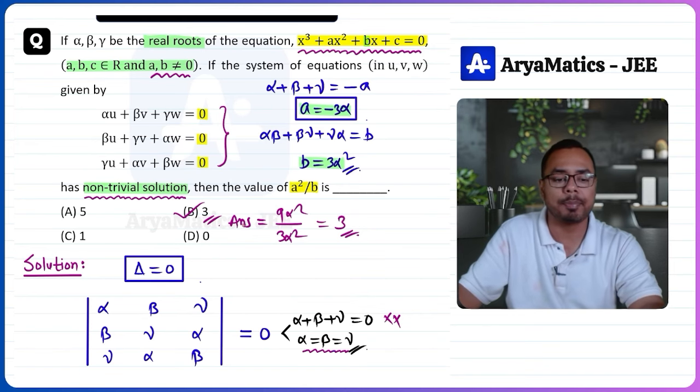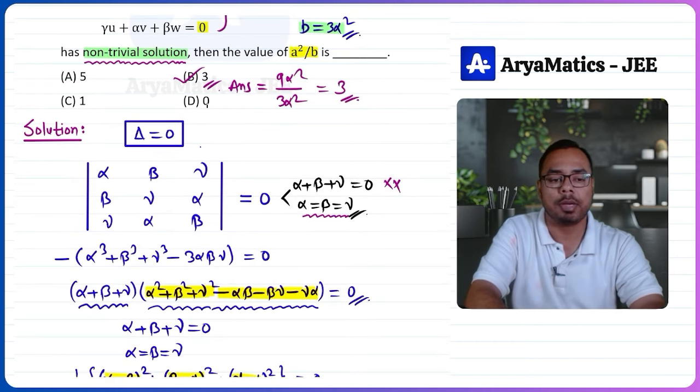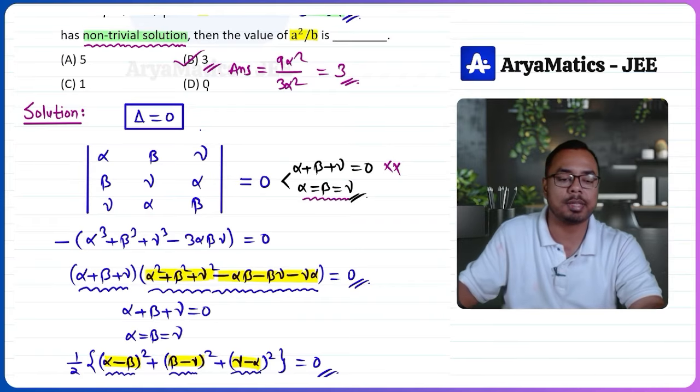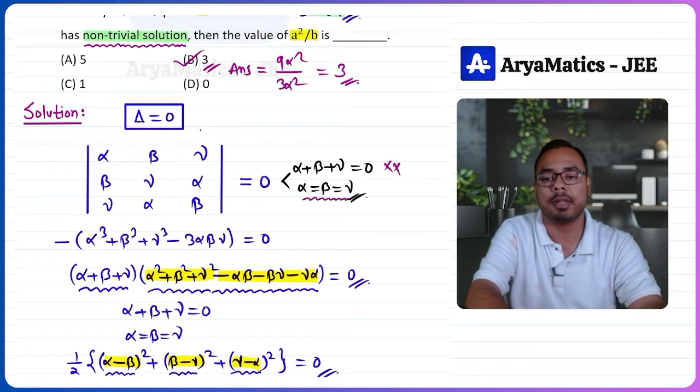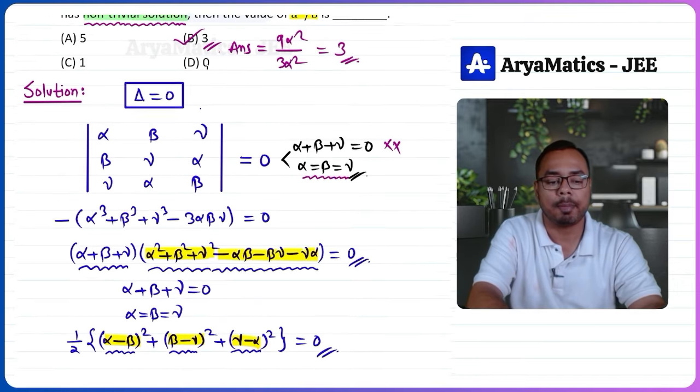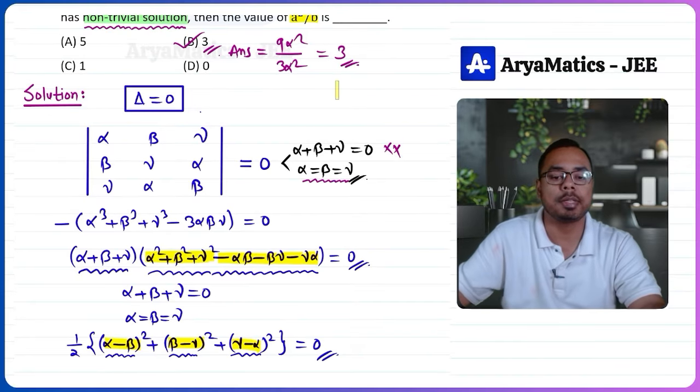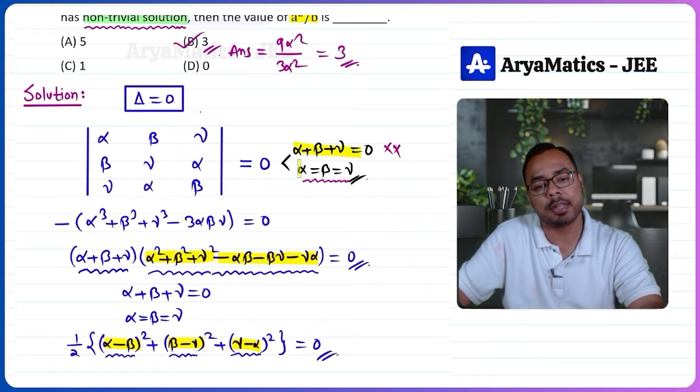So in this problem, using the condition for a non-trivial solution, delta will be 0. For a homogeneous system of linear equations, for a non-trivial solution, delta must be 0. And delta was the cyclic determinant. The cyclic determinant is 0 only when alpha plus beta plus gamma is 0 or alpha, beta, gamma are all the same.